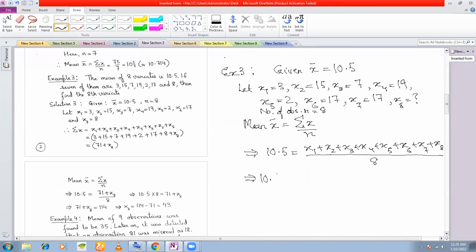Means 10.5. Now put the values for x1, x2 up till x7. So you have 3. So x7 is 8, not 17. X7 is 8. Okay, so put the values here.